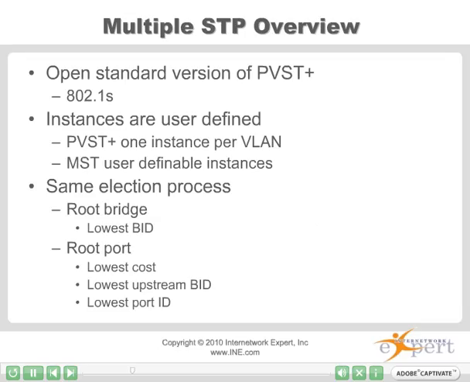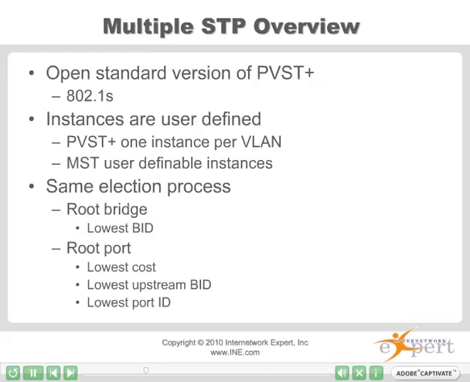When we do multiple spanning tree protocol, we're really doing, this is an interesting observation, an open standards type approach of PVST+, but with a great benefit. You see, we're going to be able to define exactly how many PVST+ instances, if you will, we want. Whoa, this is going to be a dramatic shift in paradigms here.